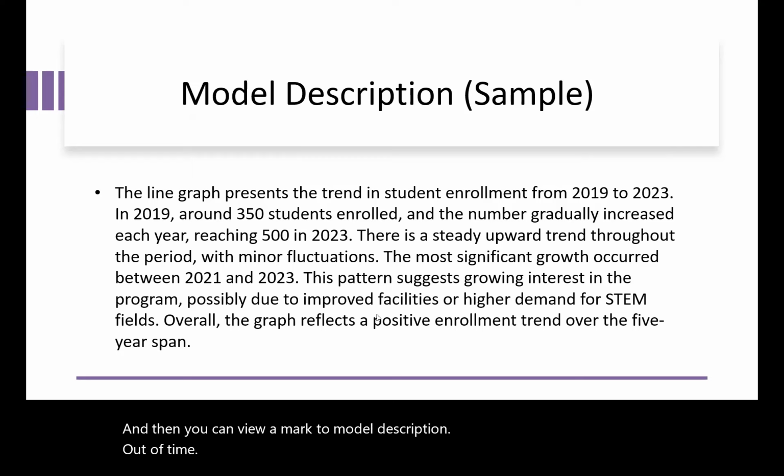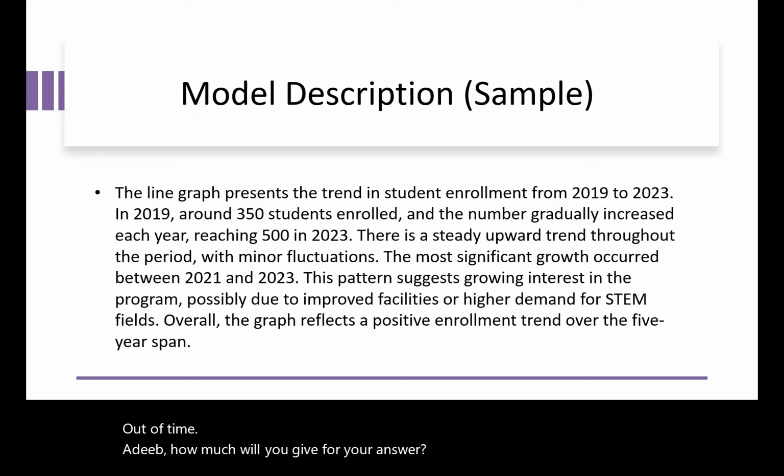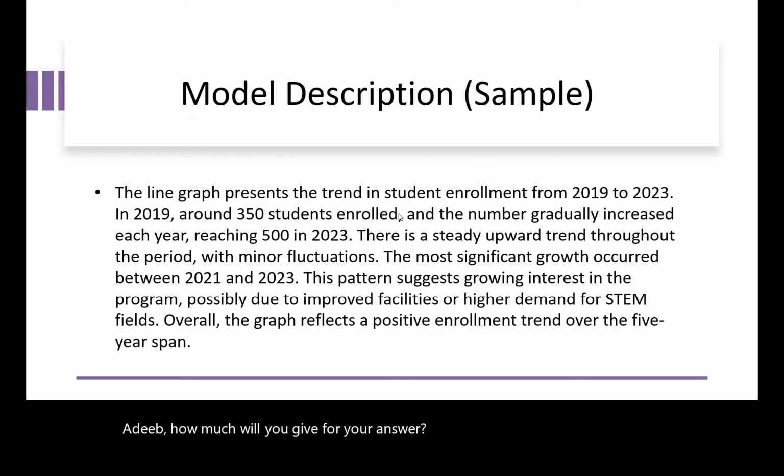Adipa, how much will you give for your answer? It will be like 5 or 6 out of 10. And the model description, if the model description was a 10. Okay.